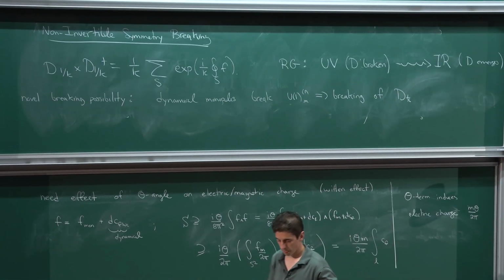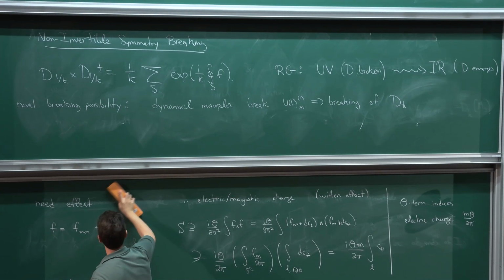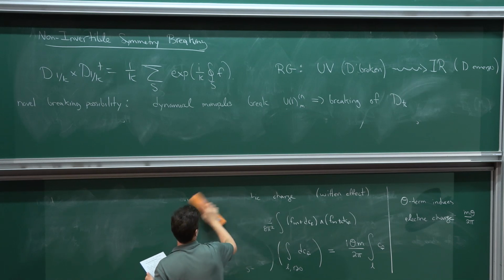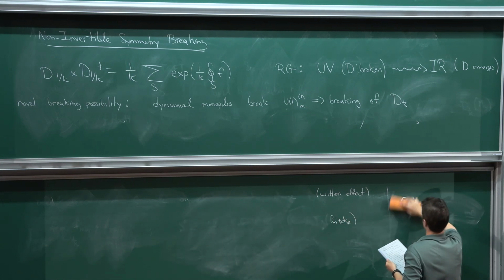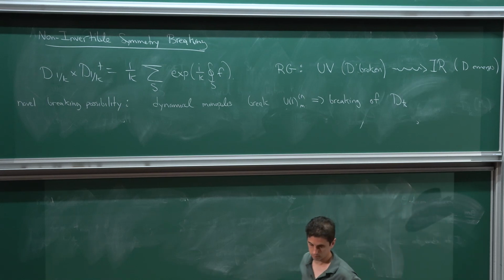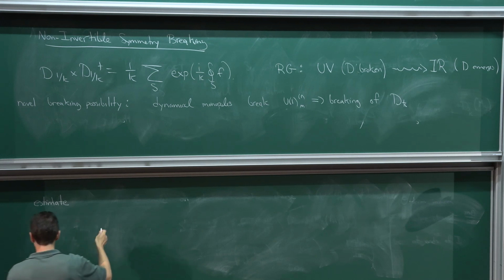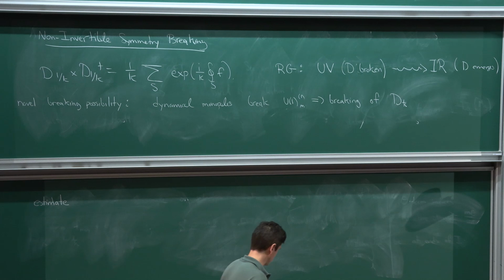Now, we could try to estimate that, try to understand what would be the characteristic scales involved in that sort of mechanism. So let's estimate it. How will we do it? We're going to do it in the infrared. We want to have a universal estimate.